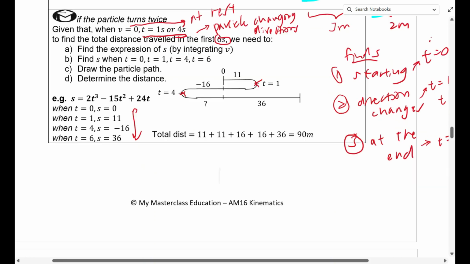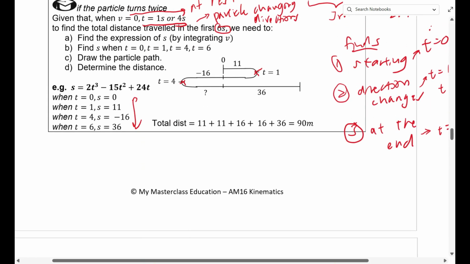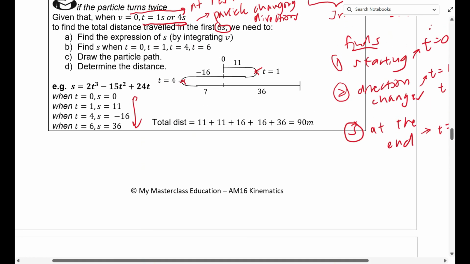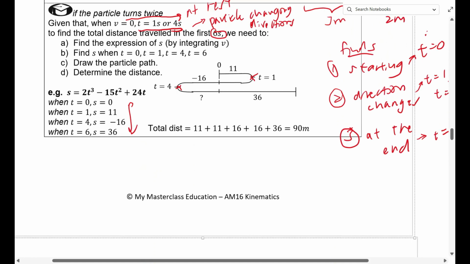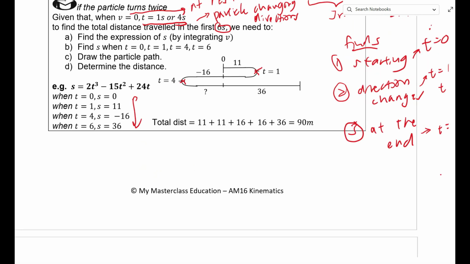So now we can draw the particle path. It will start at 0, so a fixed point of O, and then it will travel 11 meters before it first changes direction at t equals 1.